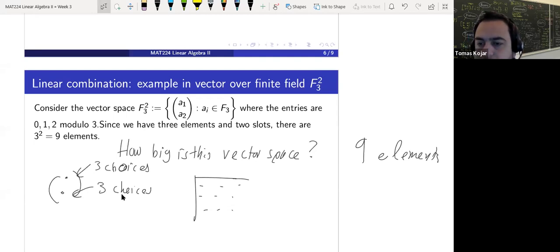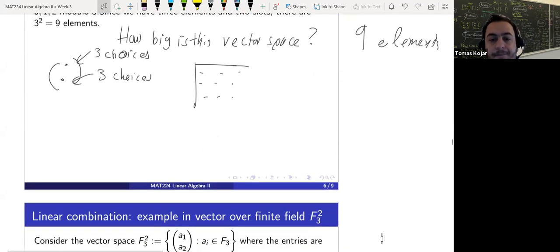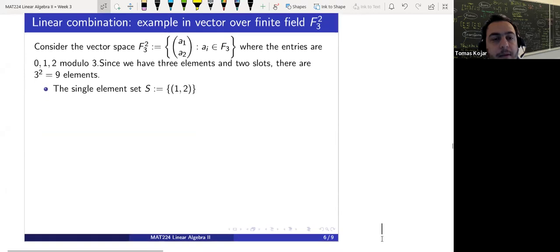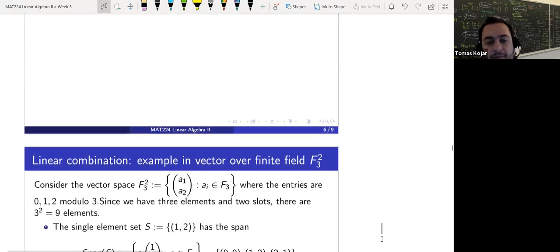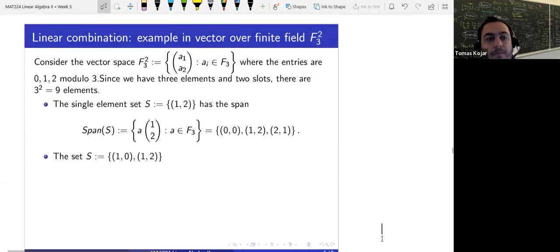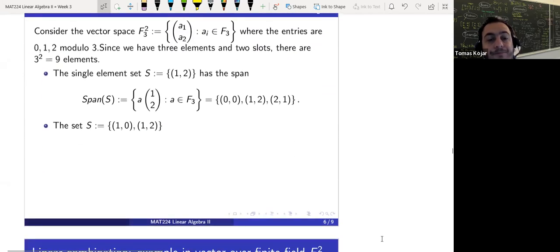Is that okay? All right. So let's take an element from there, the element 1, 2, and let's look at the span of it. So what does it mean to look at the span?